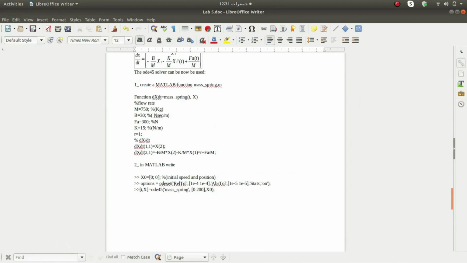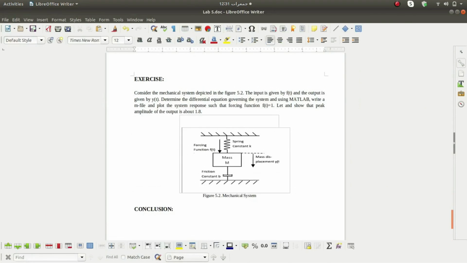And in the last we have an exercise. In the exercise you can see there is a picture given in figure 5.2. Here you have a mass attached with a spring, and the forces are also labeled: frictional force and mass displacement function with a constant b.